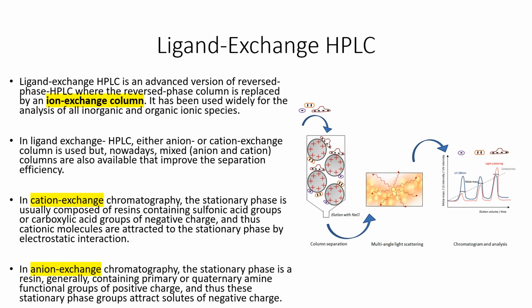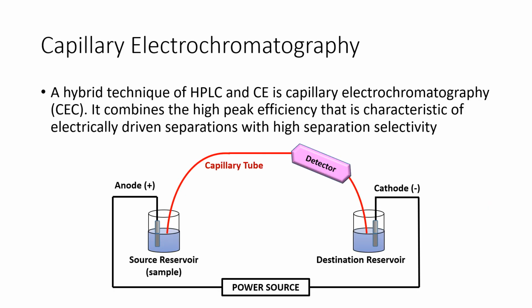In the cation exchange chromatography, the stationary phase is usually composed of a resin containing a sulfonic acid group or carboxylic acid group of negative charge, and therefore cationic molecules are attracted to the stationary phase by electrostatic interaction. In anion exchange chromatography, the stationary phase is a resin generally containing primary or quaternary amine functional groups of positive charge, and therefore this stationary phase attracts solutes of negative charge. So these are the ligand exchange HPLC.